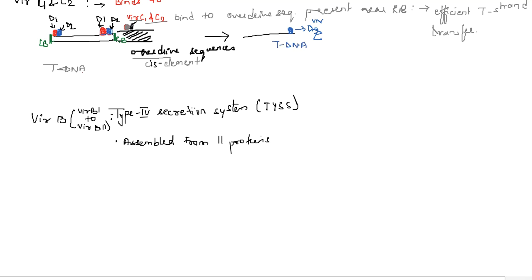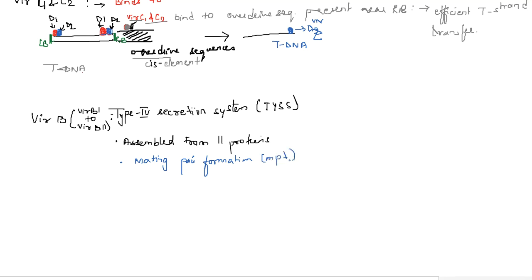It is made from 11 proteins, Vir B1 to Vir B11. Understood? Now, this T4SS is also known as mating pair formation, in short MPF.